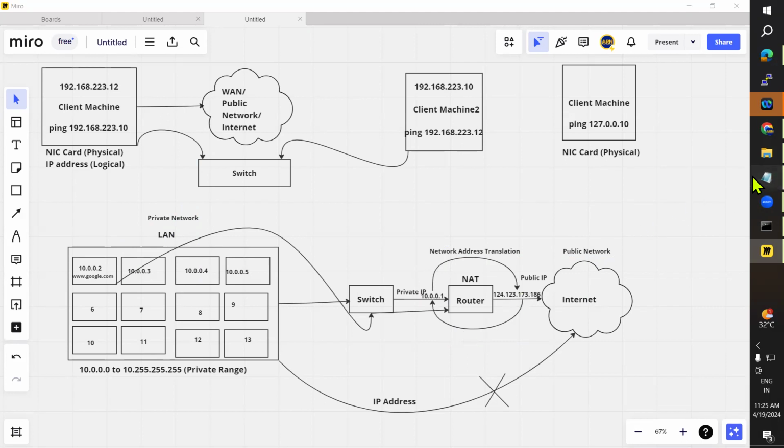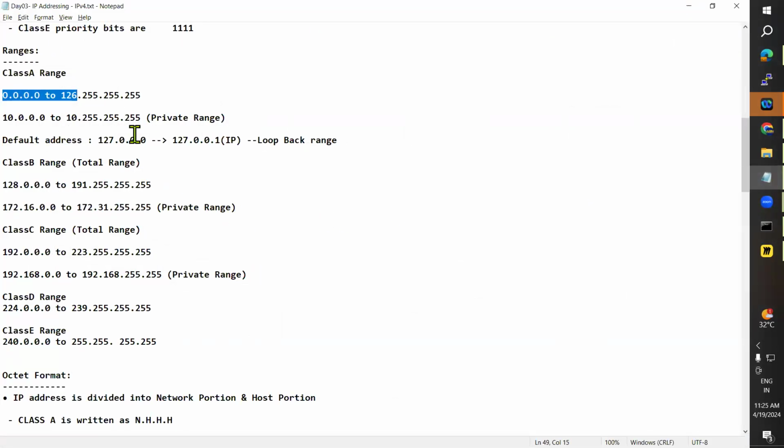Okay. So that is the reason from every range they pulled one range for private uses. So this is the class A private IP address. Just remember this.